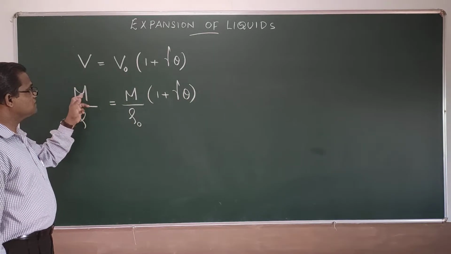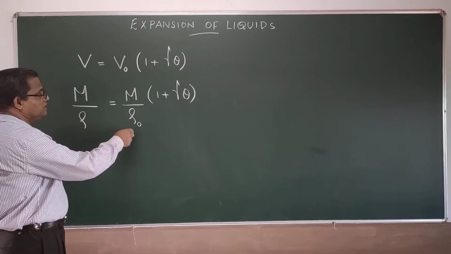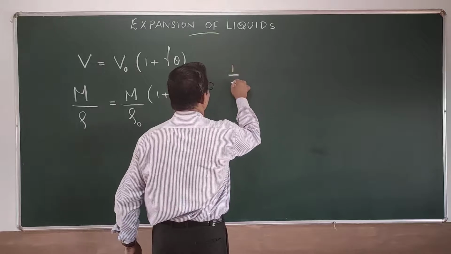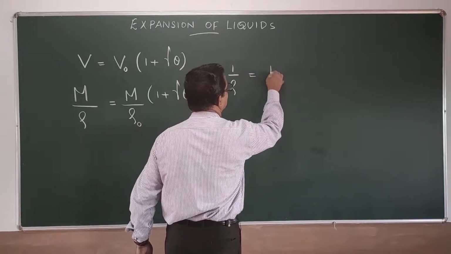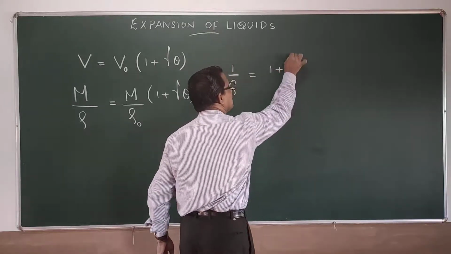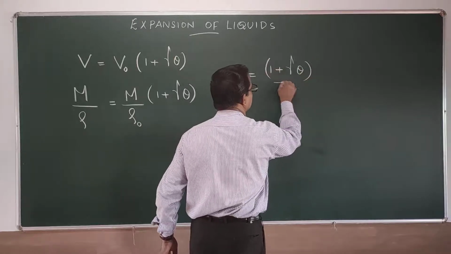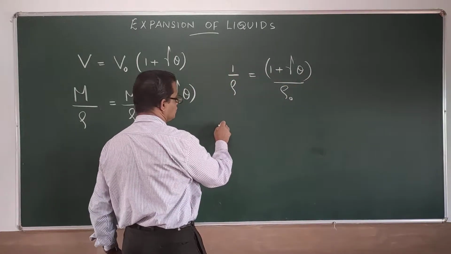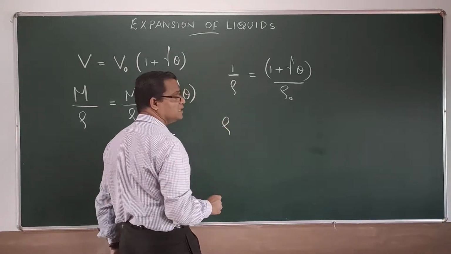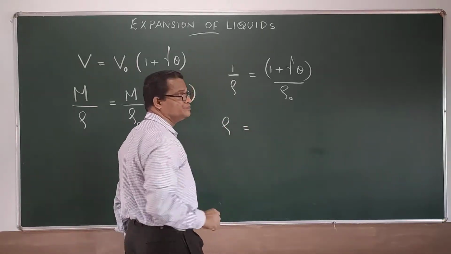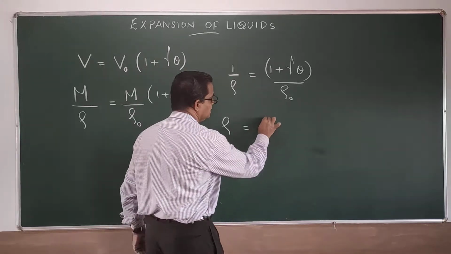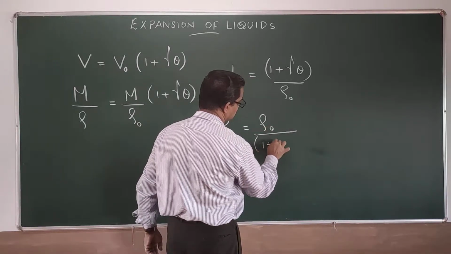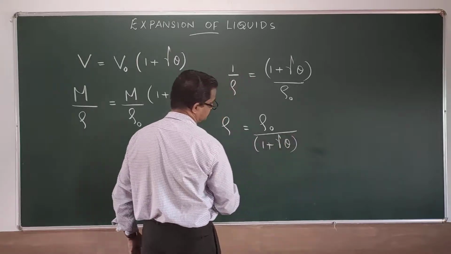Now from this, mass and mass go, and you can find that 1 by density is equal to 1 plus gamma theta divided by density at 0 degrees Celsius. Therefore, the final density will be equal to the 0 degree density divided by 1 plus gamma theta.